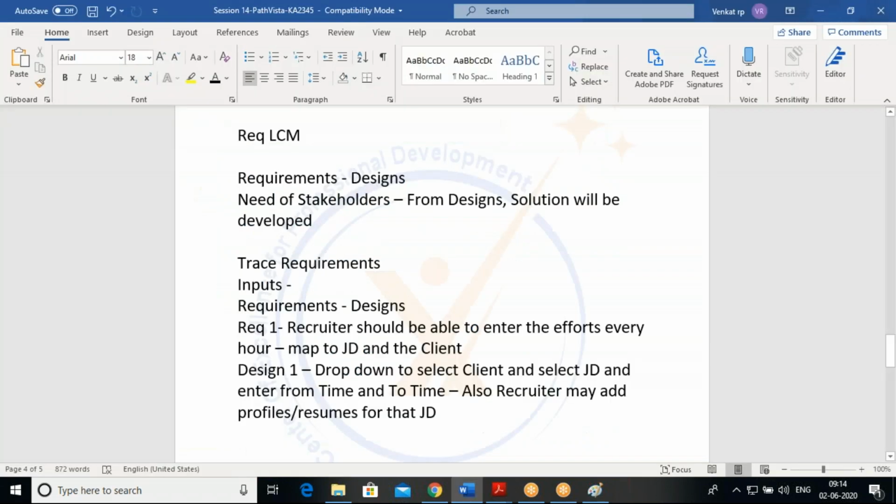So what are the reusable requirements here? You can understand a few things, like reusability can be there. Reusable requirements means, suppose I can tell you a functionality here. Suppose a recruiter is able to see his own JDs, how many JDs he is working on, he can generate a report of his JDs.